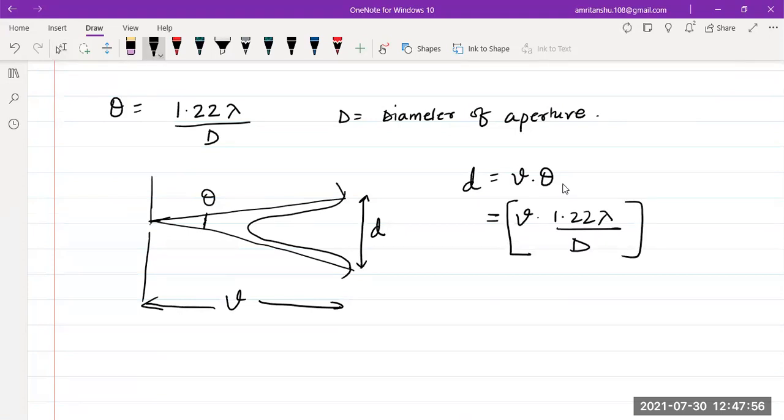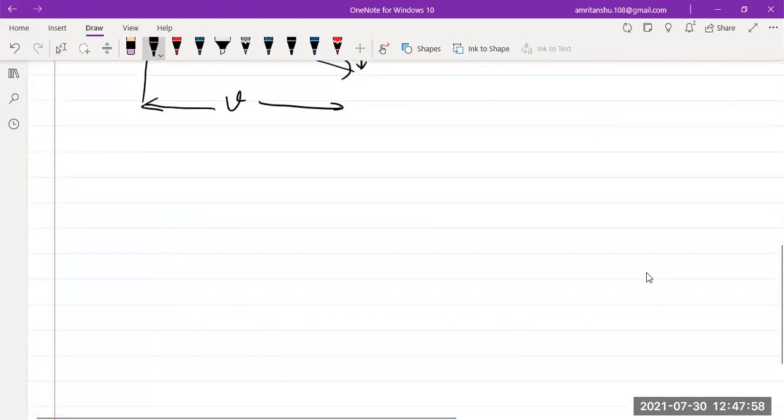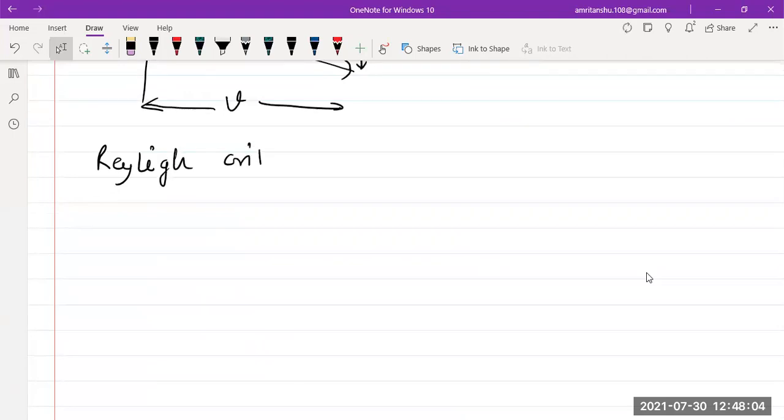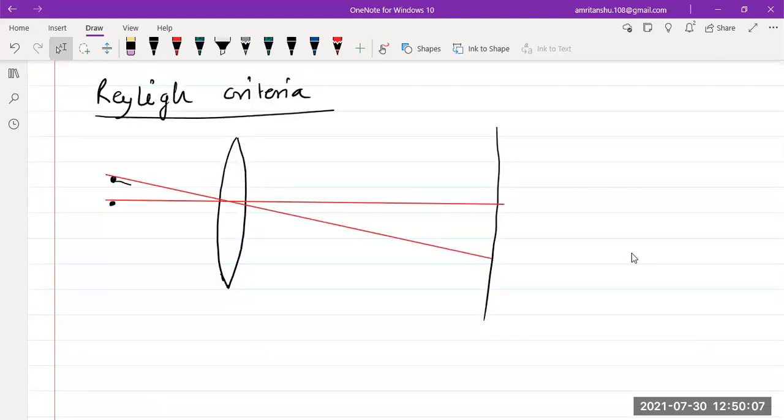Now there's something called the Rayleigh criterion. What is this Rayleigh criterion? Let us see. Let's say we are producing diffraction patterns from two light sources, which we are getting on this screen.